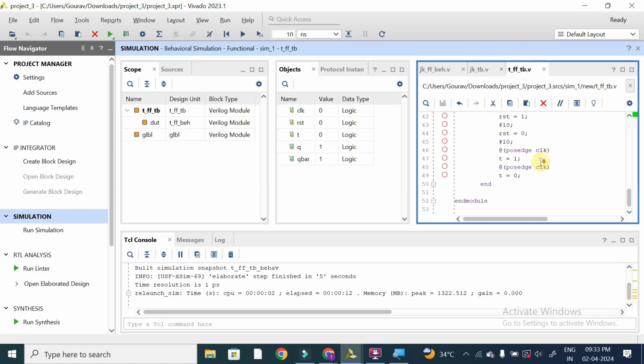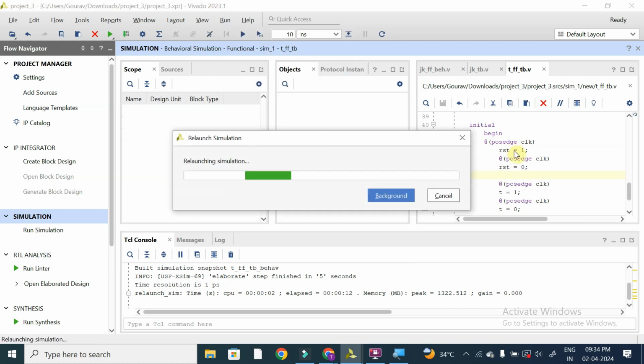I should change the TB also. I'll drive this at the positive edge of the clock. Now let's see.